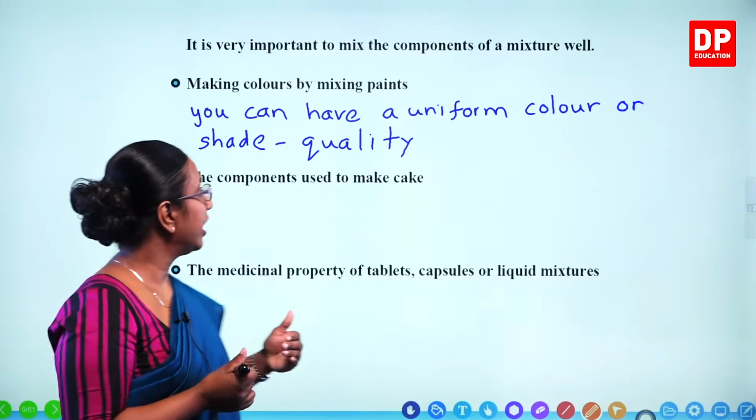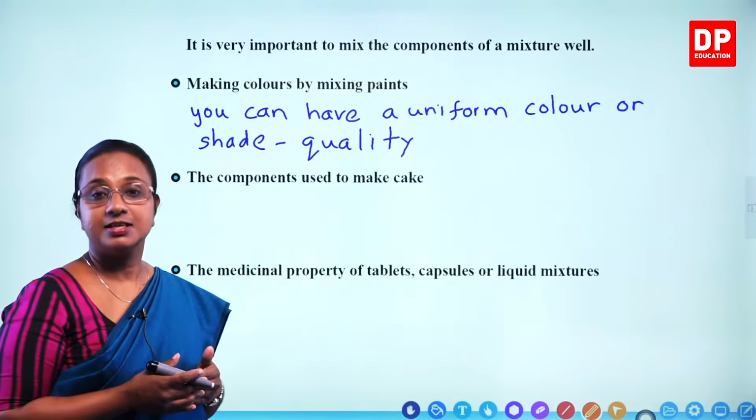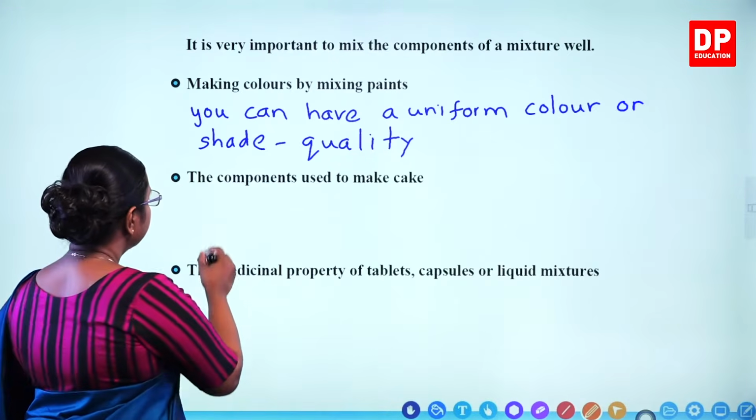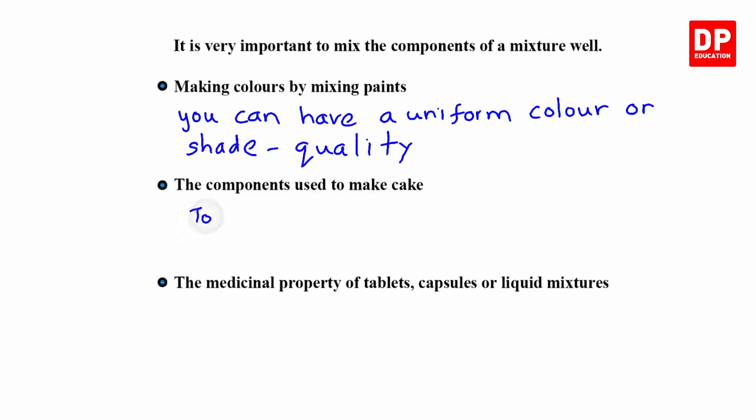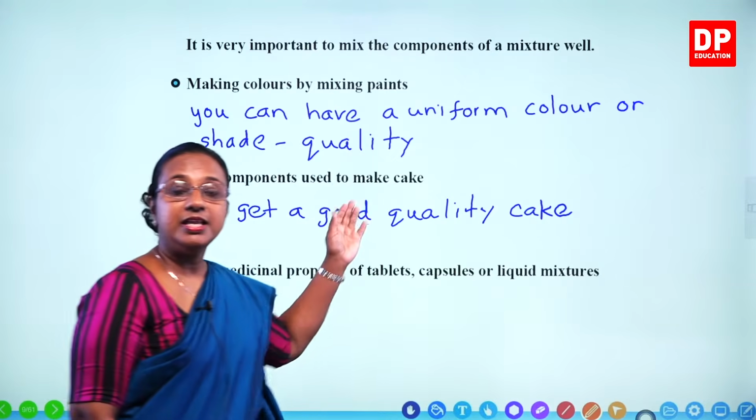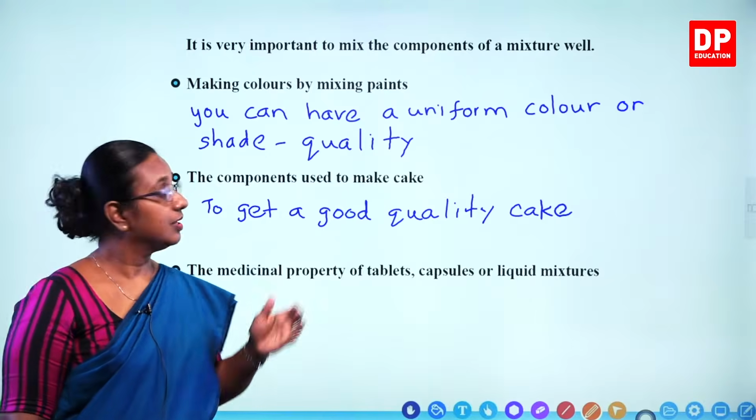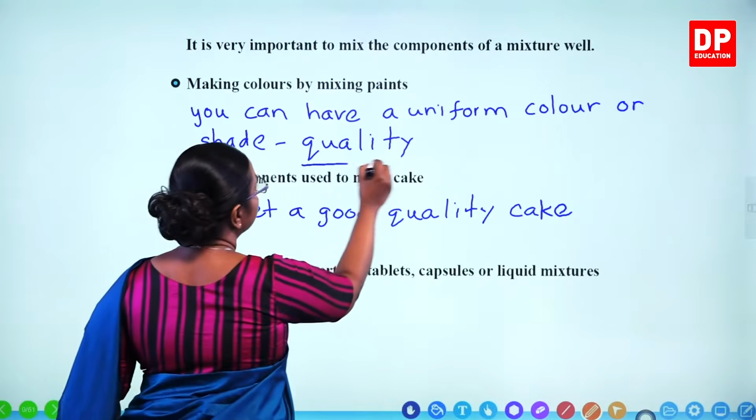So again, to get a good quality product, a good quality cake. So in these two examples, we see the word quality.